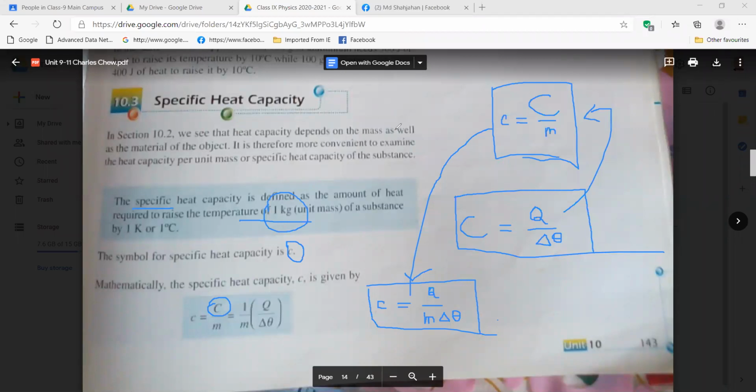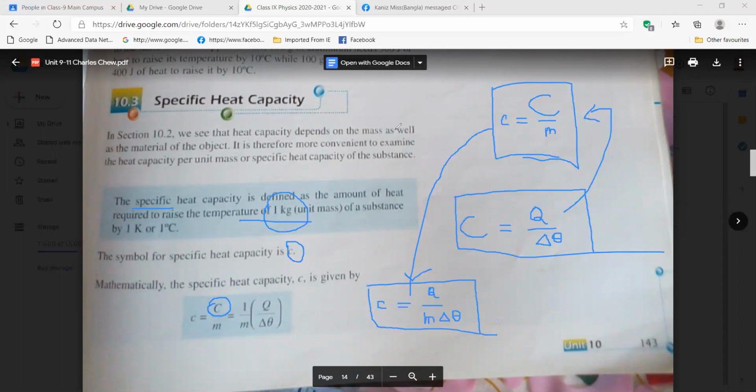You can understand from the screen, right? Tell me from there the way Rabi told. Sir, specific heat capacity equals heat capacity divided by M. What is M? Mass of the object. Yes, sir.